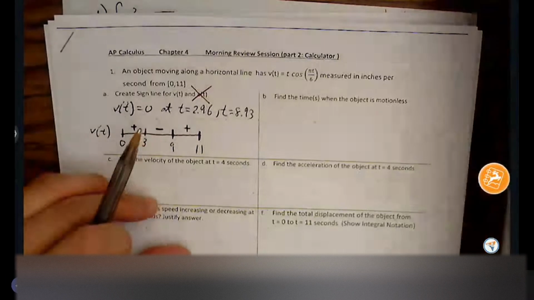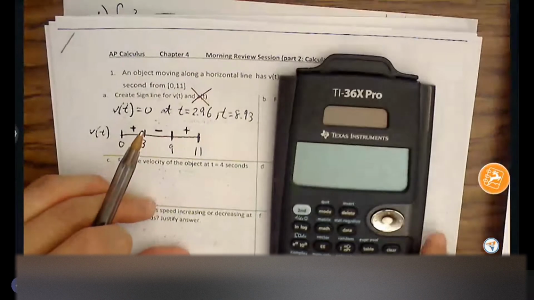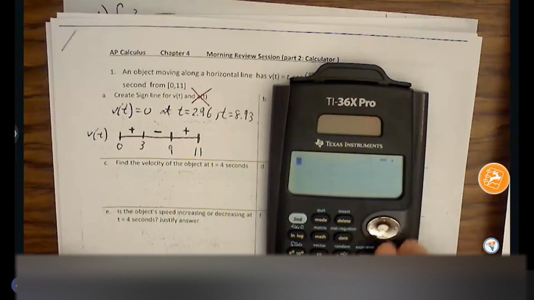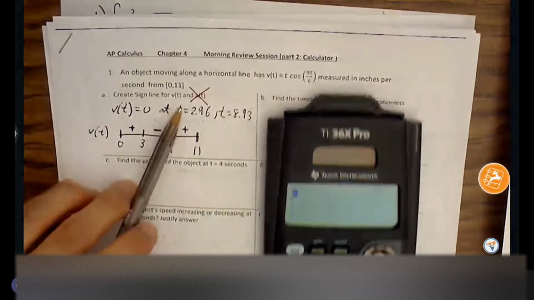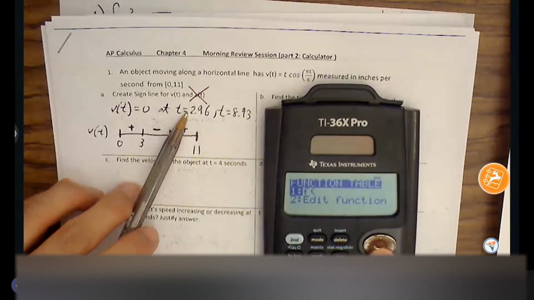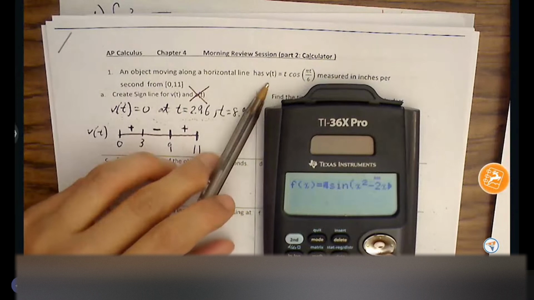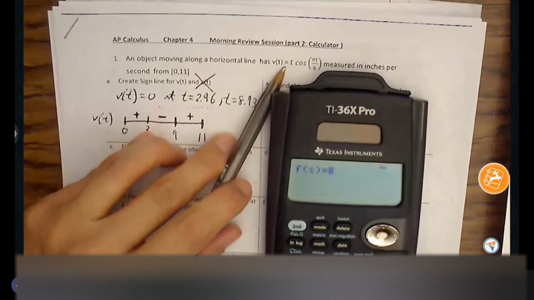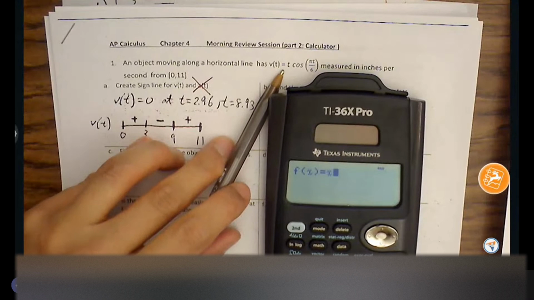Okay. On the 36 Pro, table, edit function. Always use variable x. Make sure you're in radian mode.